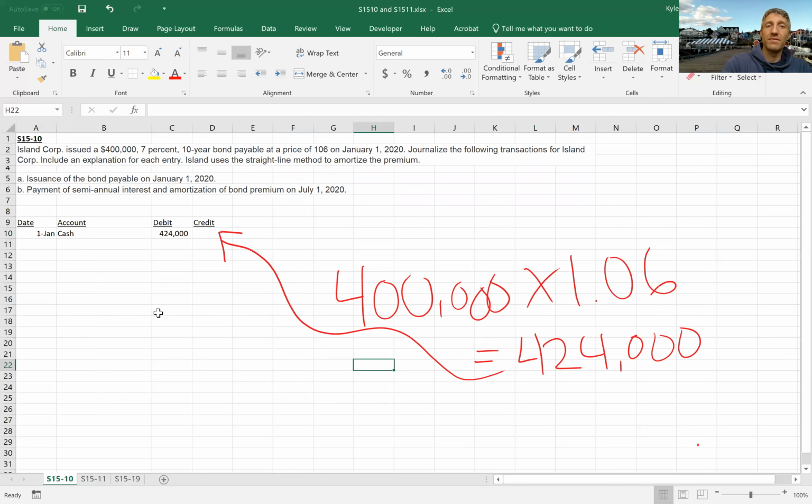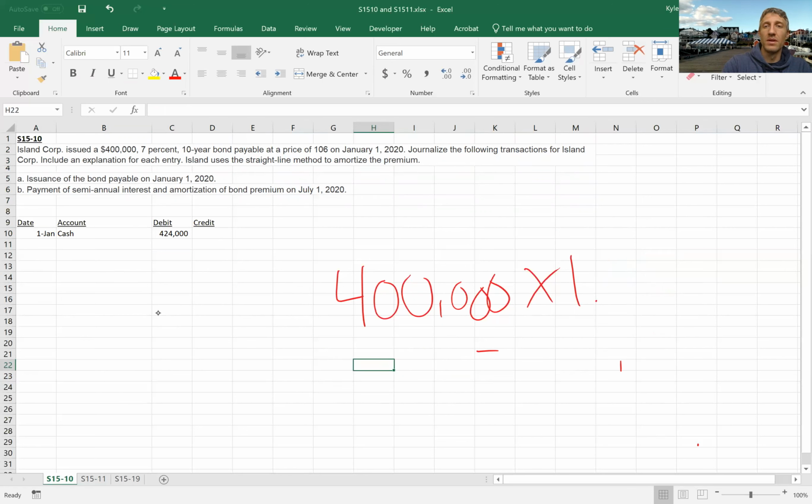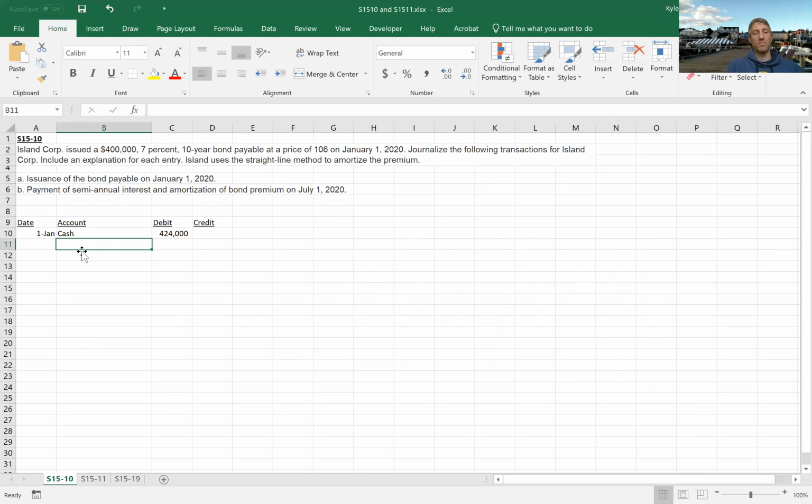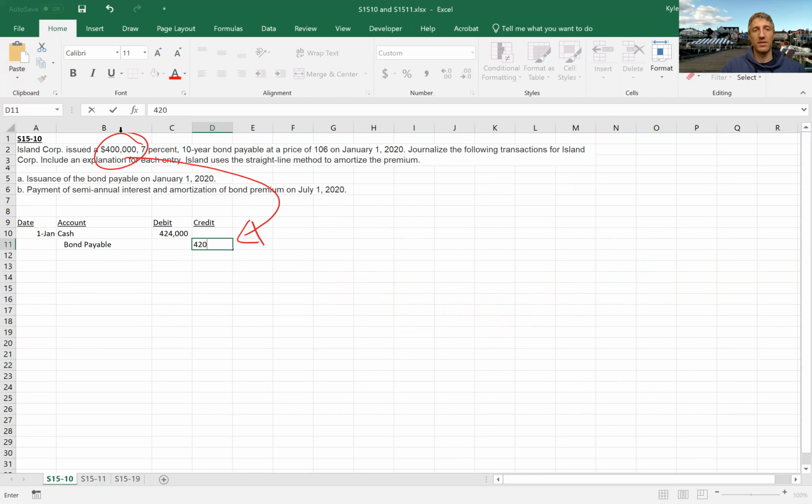Now I know they have to pay back the face value at the end of the term to the bondholders, right? And the face value doesn't change. So I'm going to have a bond payable liability, and I know the face value is 400,000. So that's going to be my debit, or my credit, sorry. To increase the liability, I credit liabilities.